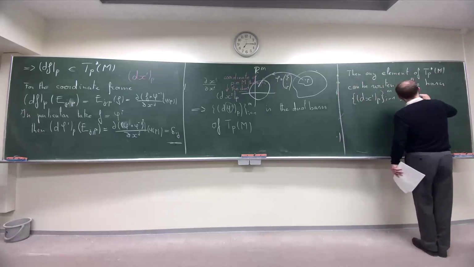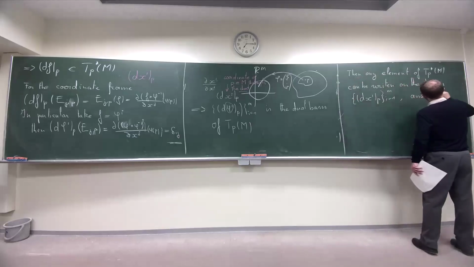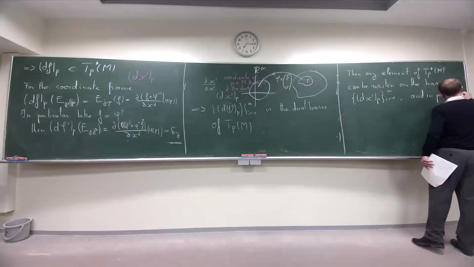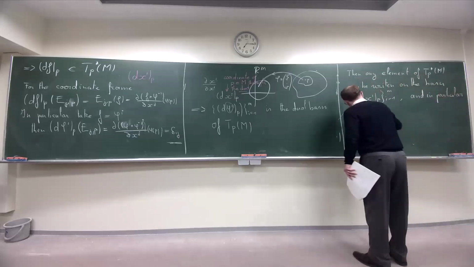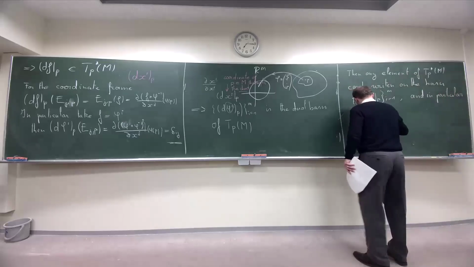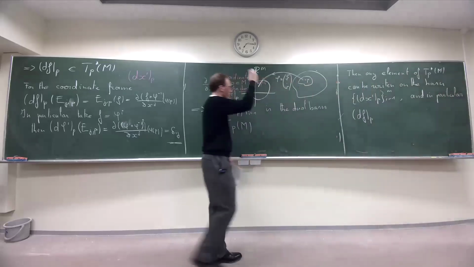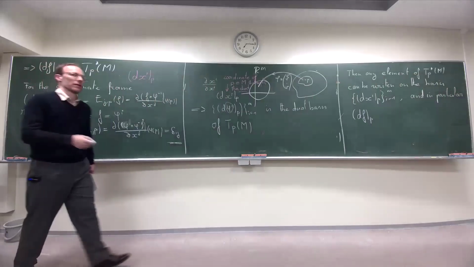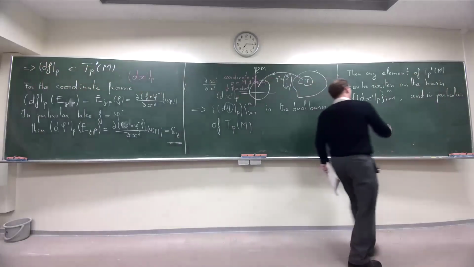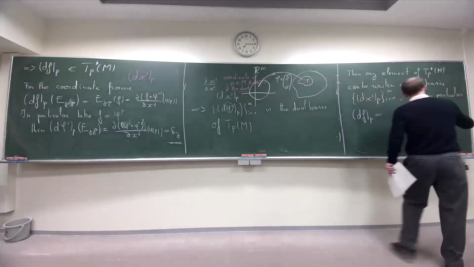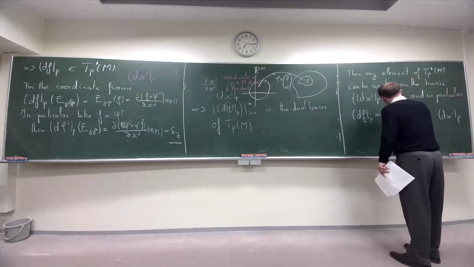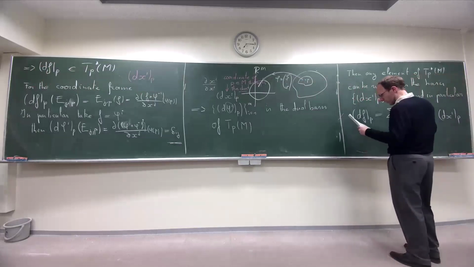And in particular, I'm going to take one special element, df at p. Remember this df at p I started with, I told you it's an element of the dual. I can write it on the basis dx_i. And should I use i or j? Yeah.